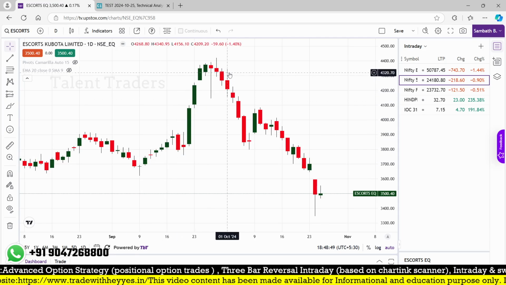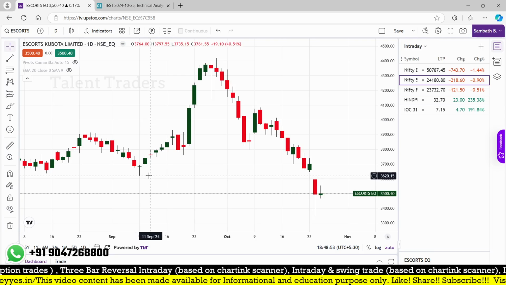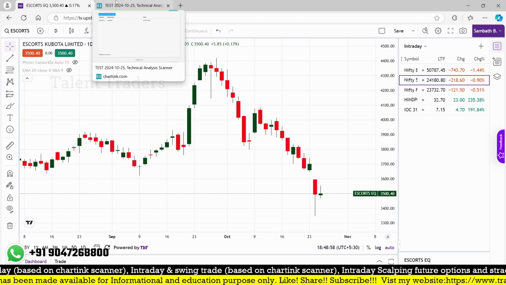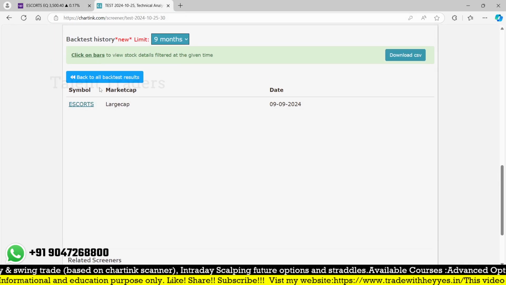It was a huge move, and in that particular month it never broke that particular low. For monthly we used the calendar month low. In the same calendar month, if the stop loss triggers, then the stock would be removed from the list.